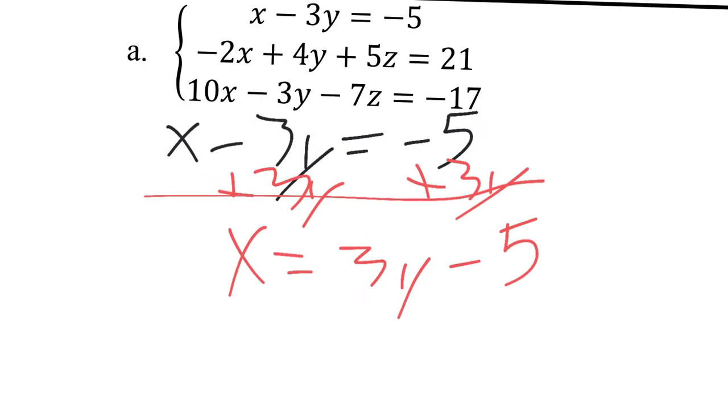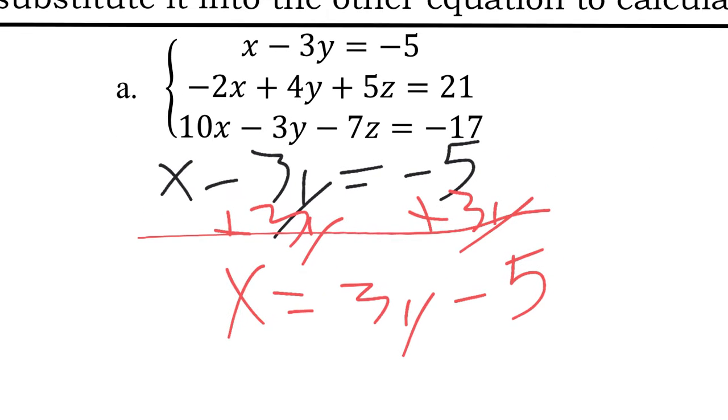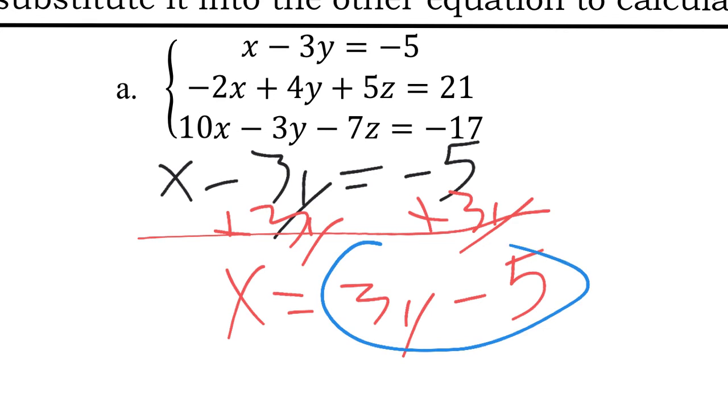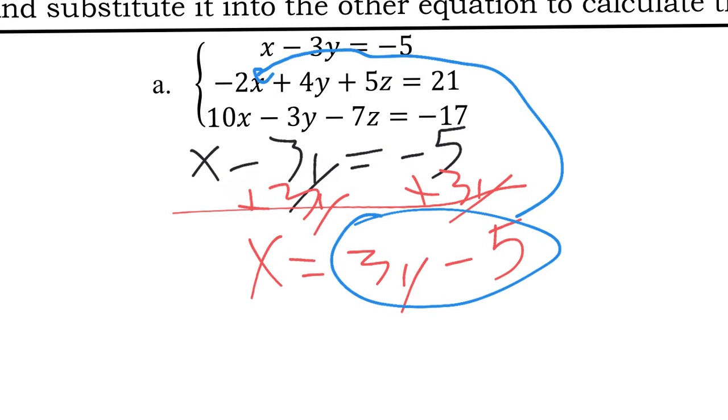But once you have an x equals equation, or an equation solved for a variable, which doesn't have to be x, but in this case it's the easiest thing to do, you plug it into one of the other two equations. It doesn't really matter which one, so I'm just going to move it down to the middle equation and sub it in right there.